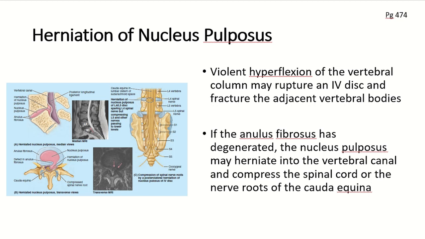And so you often get localized back pain of a herniated disc, and it's usually acute in nature, resulting from pressure on the longitudinal ligaments based on the periphery of the annulus fibrosus, and also from local inflammation caused by chemical irritation by substances that exude from the ruptured nucleus pulposus.